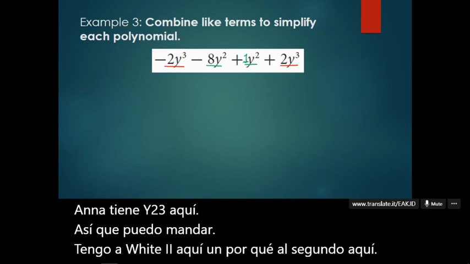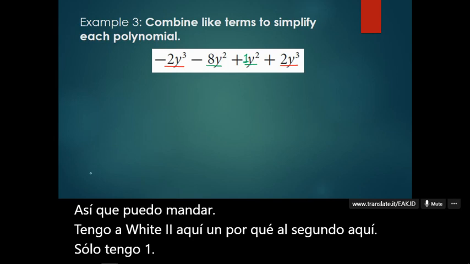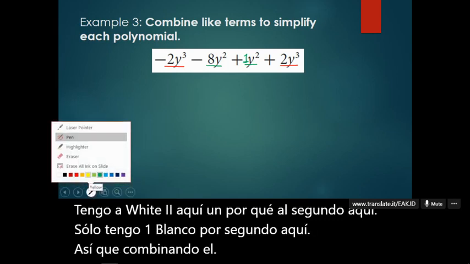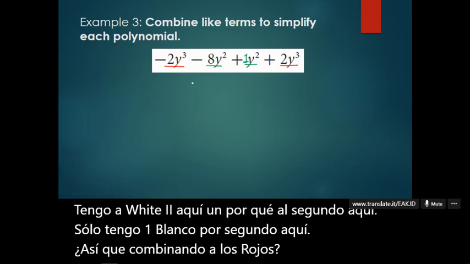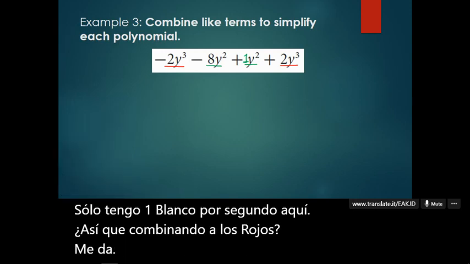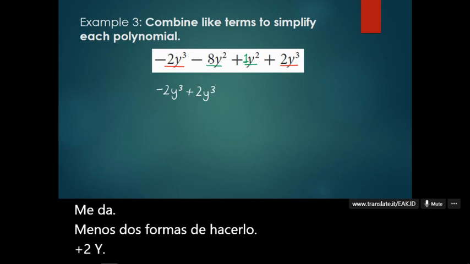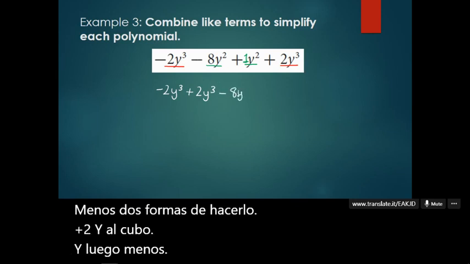So combining the reds together gives me minus 2y cubed plus 2y cubed, and then minus 8y squared plus 1y squared.